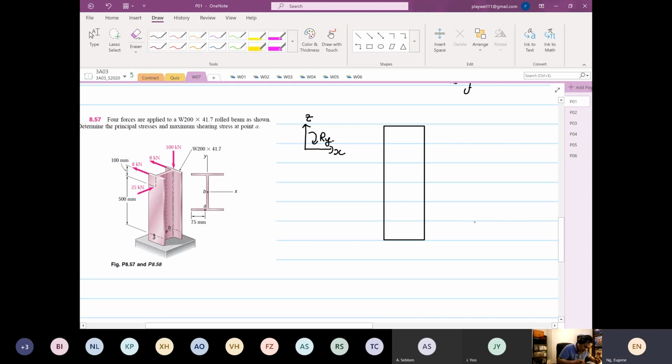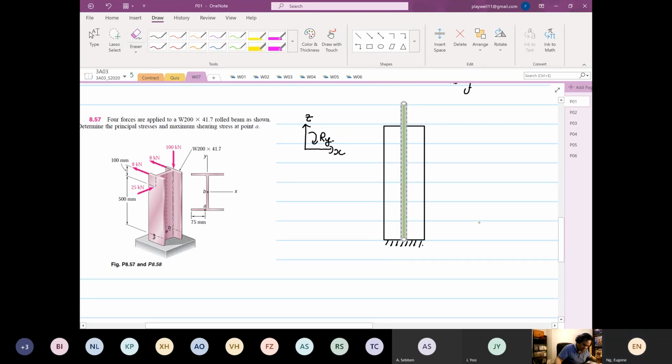Like I mentioned before, the first thing we have to do, which some of you might have forgotten, is to know where the position of the neutral axis is. So this is the position of our neutral axis, and this axis is what's important for us.